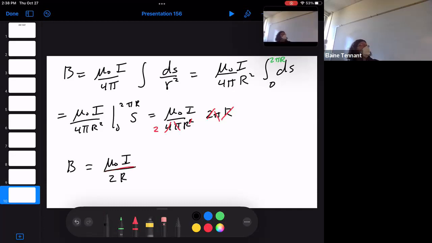Okay, did all the cancellations go well? Algebra, happy? Let me label it. This is a circular loop, radius r.